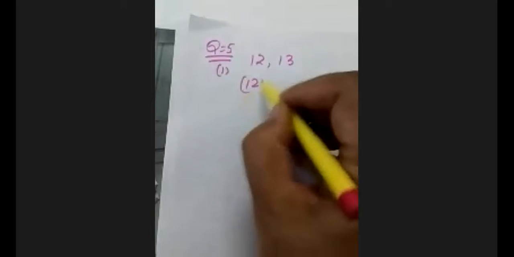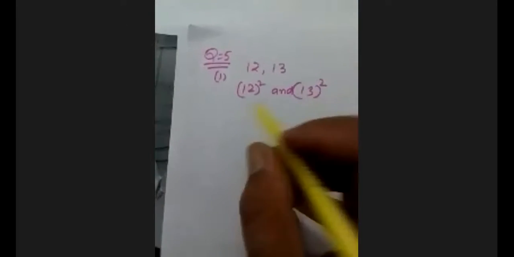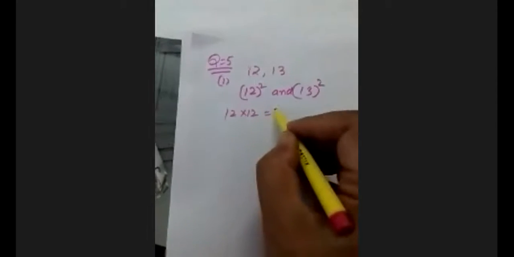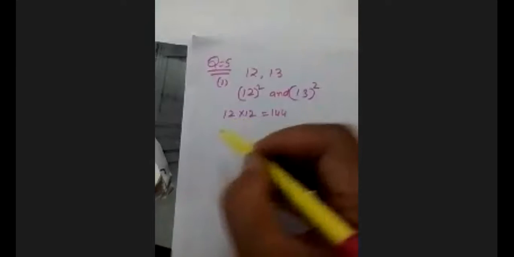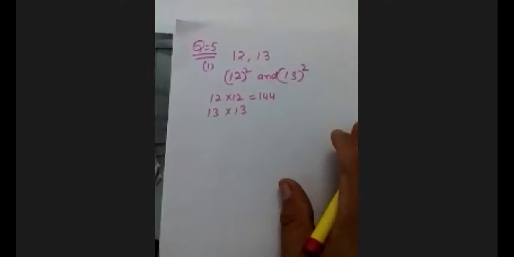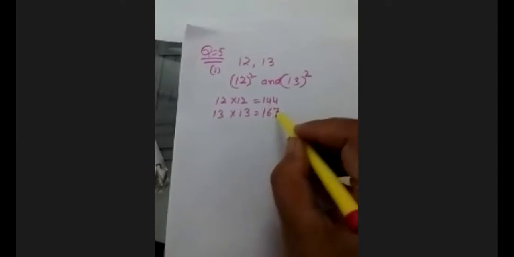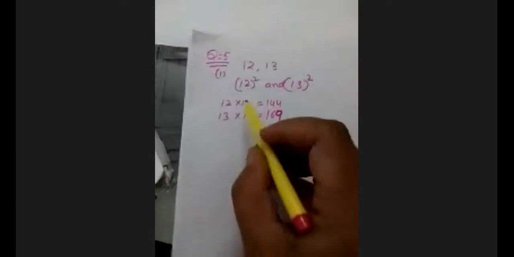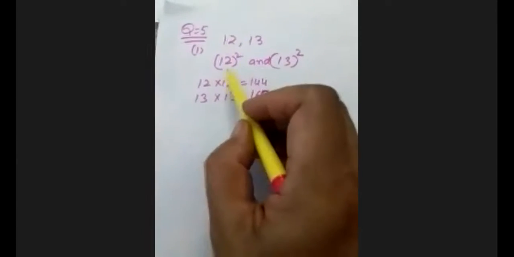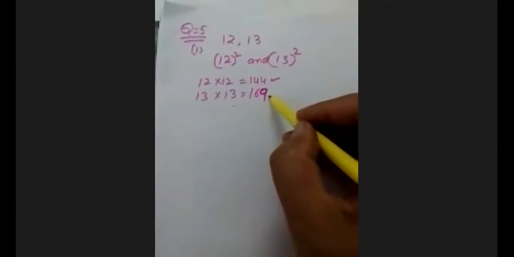First we'll square 12 and 13. Now 12 multiplied by 12 is 144, and 13 multiplied by 13 is 169.